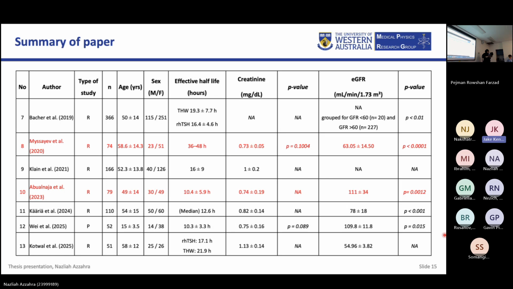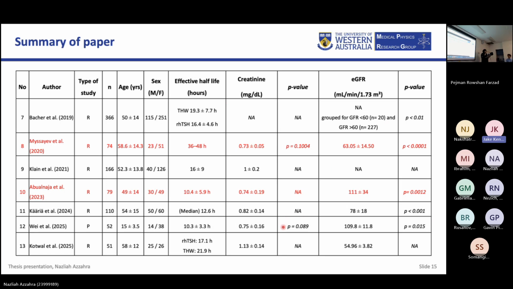And when we look at the kidney function parameters, which are creatinine and eGFR, 7 out of 7 studies reported that there is a significant effect of eGFR on half-life, but for serum creatinine, there are 2 studies that report no significant relationship, and one of these is again the study by Wayne et al.